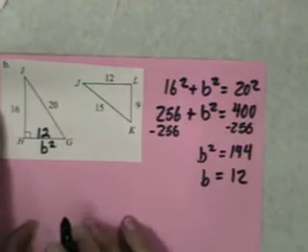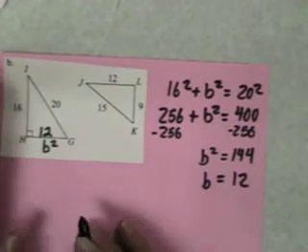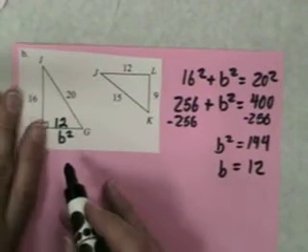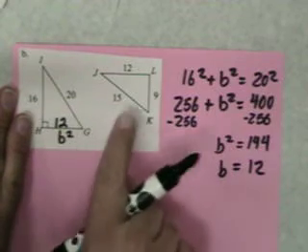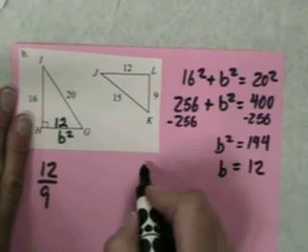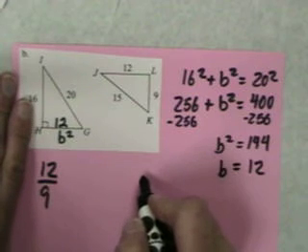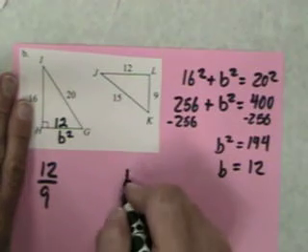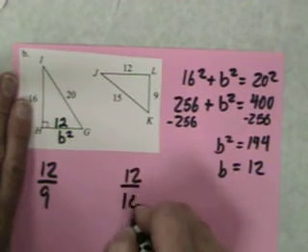Using the same method we did before in the review, so if you haven't seen the review, please watch it. We're going to match up the smallest side with the smallest side. So we're going to match up 12 with 9. We're going to match up the 12 on this one with the 16.